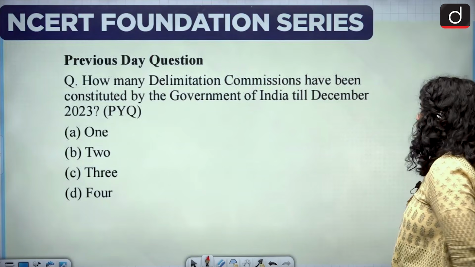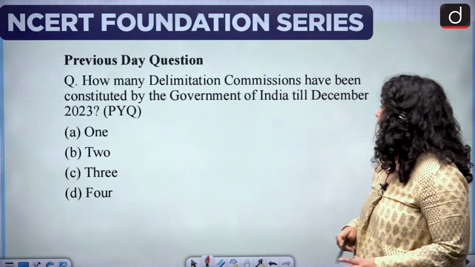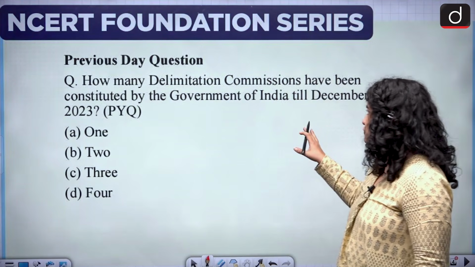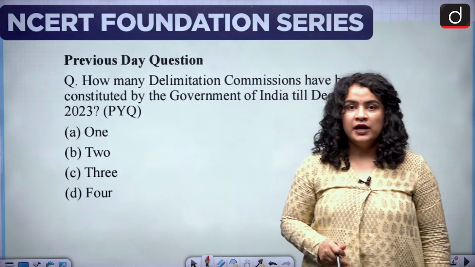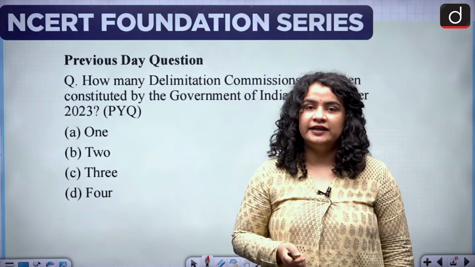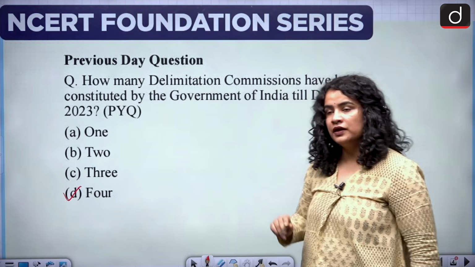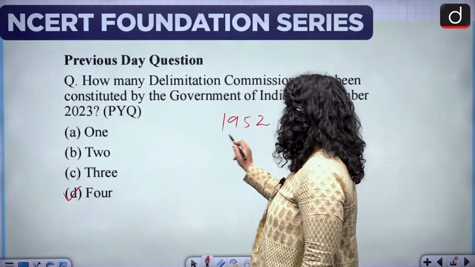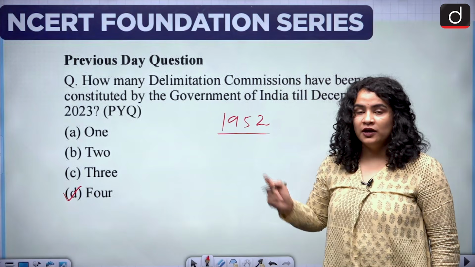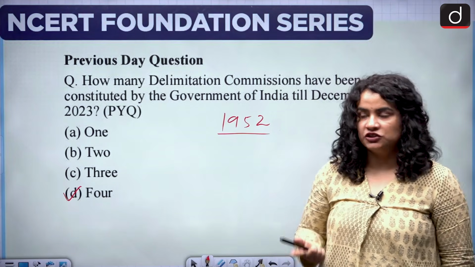Let's shift our focus to the previous day question. How many delimitation commissions have been constituted by the Government of India till December 2023? This was a PYQ and a lot of you answered correctly in the comments. The correct answer is option 4. Now the first delimitation commission was constituted in 1952 to draw the boundaries for our first general elections.